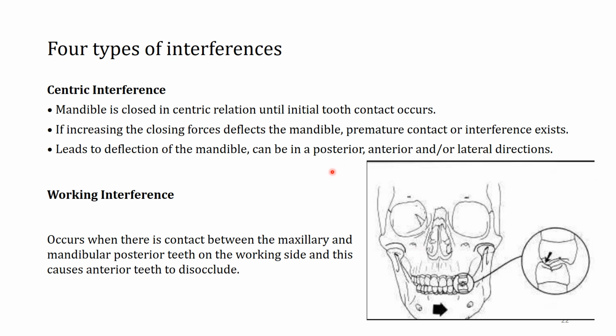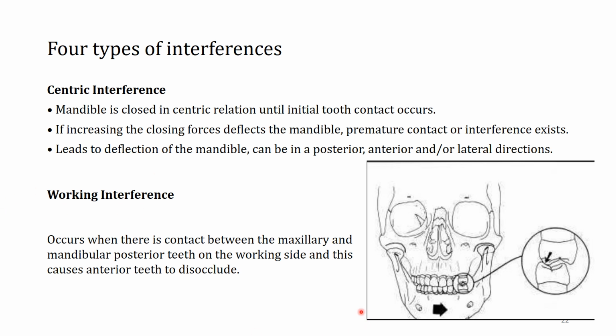So in the case of premature contacts, the mandible will close in a certain way. There should be no premature contacts or interferences. If they exist, that's when centric interference happens.